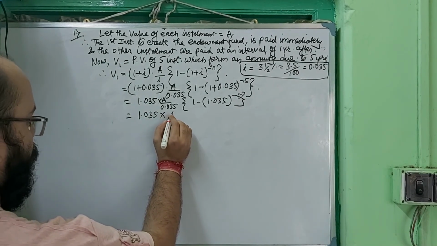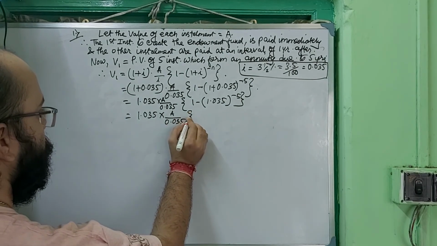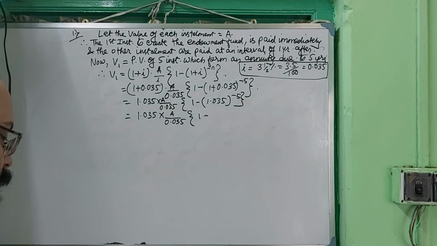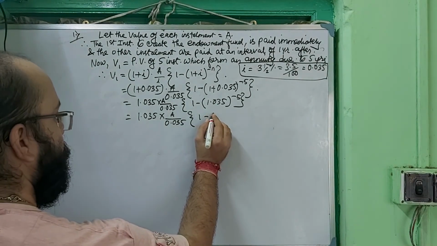I am just putting the value, nothing else. Its value is given in the sum, 0.8424.